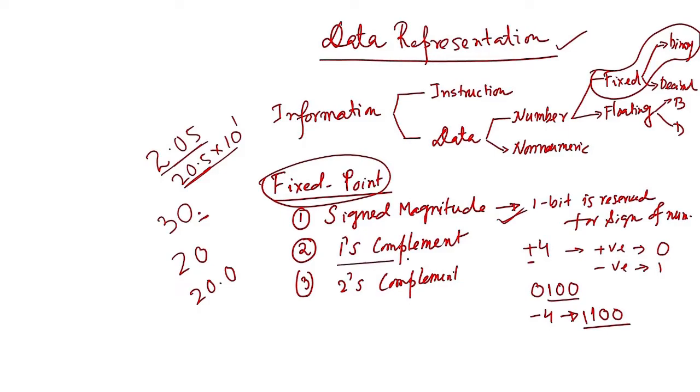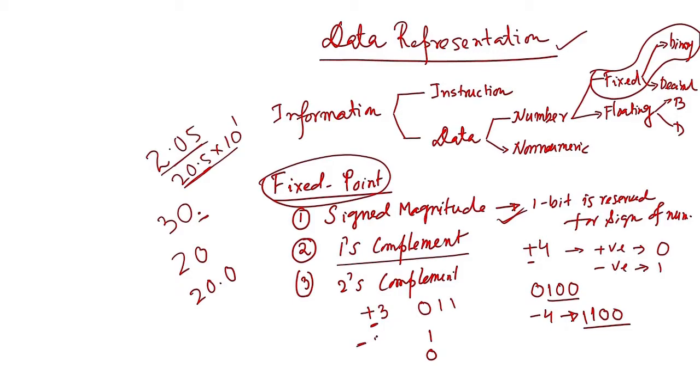And then what is 1's complement representation? In 1's complement representation, for a negative number it starts with 1 and for a positive number 0, and for the rest of the number you take the 1's complement. Let us say I want to represent +3. For +3, the 1's complement representation will be 0 for the positive sign and then 3, which is 1 1.